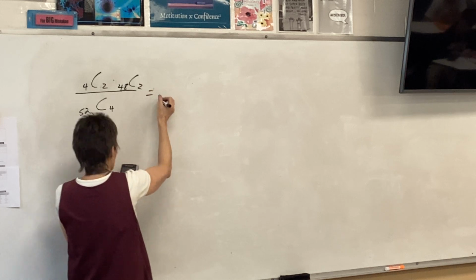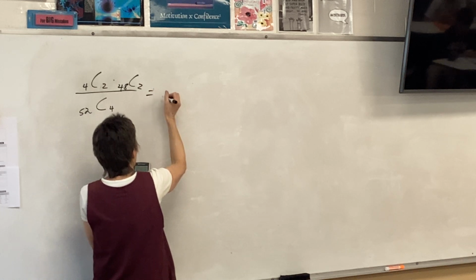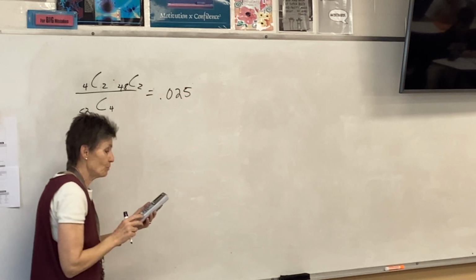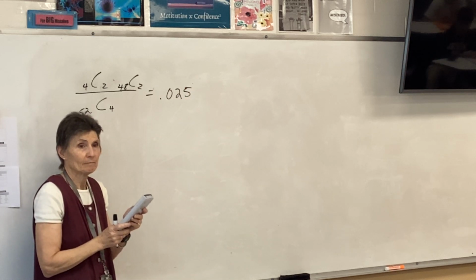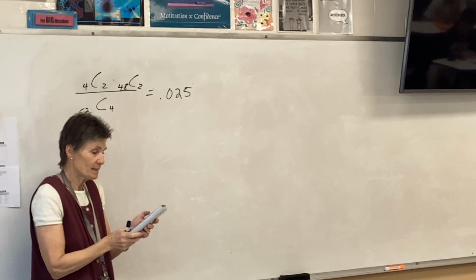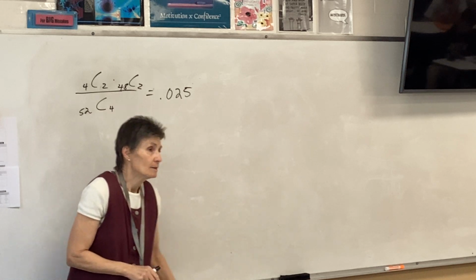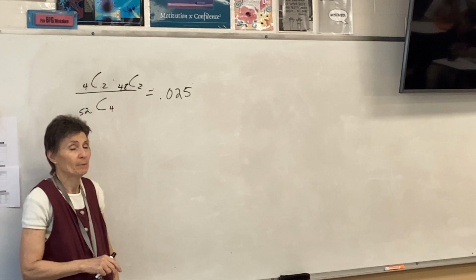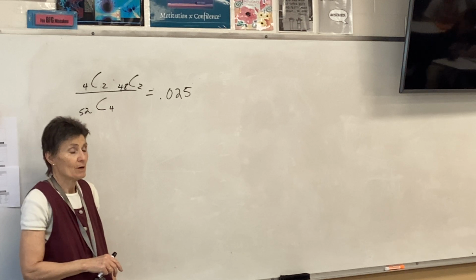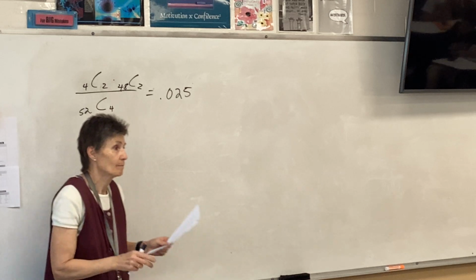Did you get basically 0.025? 0.024999? Everybody should be typing it in. Those half points add up when you start not getting the right answers.